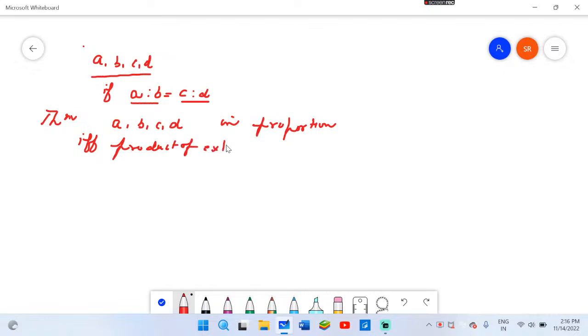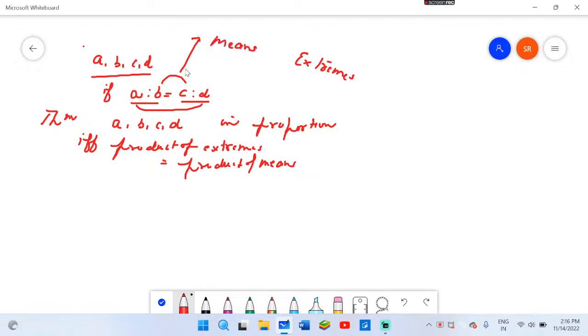Product of extremes is equal to product of means. Now here, when we write A is to B is same as C is to D, here A and D will be named extremes, and B, C will be named means.